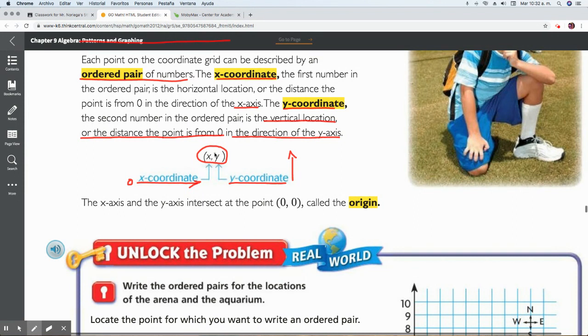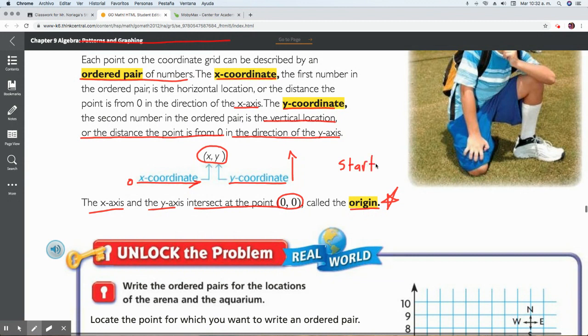On a coordinate grid, the x-axis and the y-axis intersect at the point 0, 0, called the origin. The origin will always be your starting point. That is where you are always going to start.